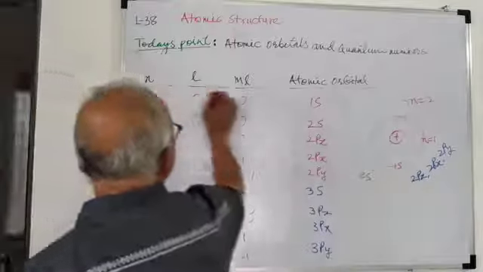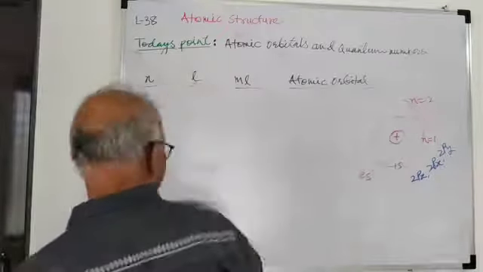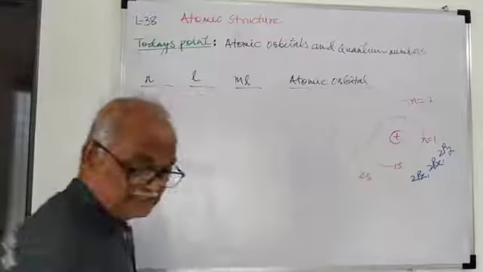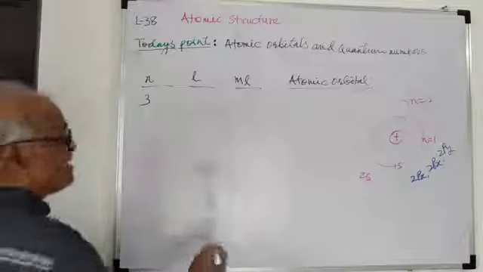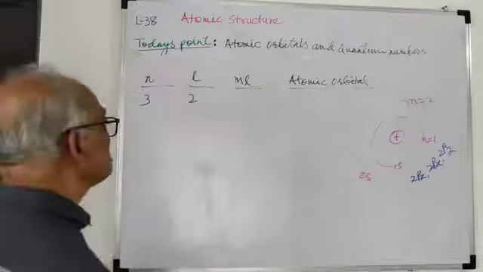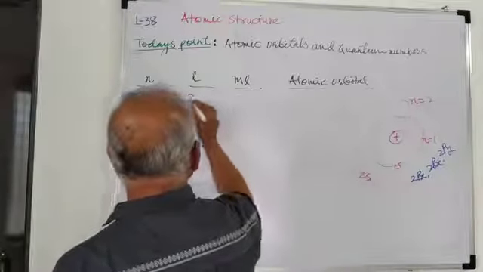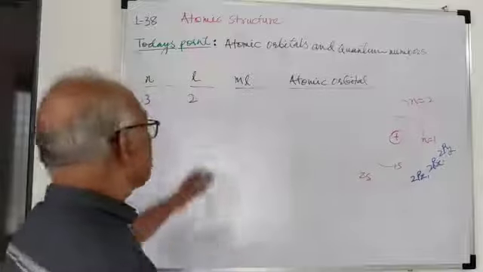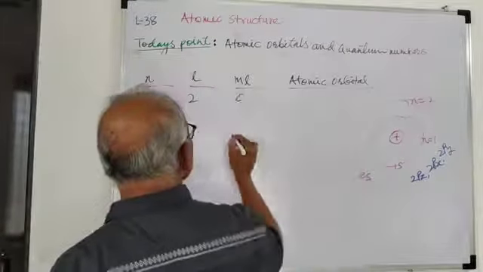Now we will see the next atomic orbitals, the next value for n equal to 3. When n is equal to 3, we have the remaining l value, that is l is equal to 2. So ml will have minus l to plus l, means minus 2 to plus 2, passing through 0.